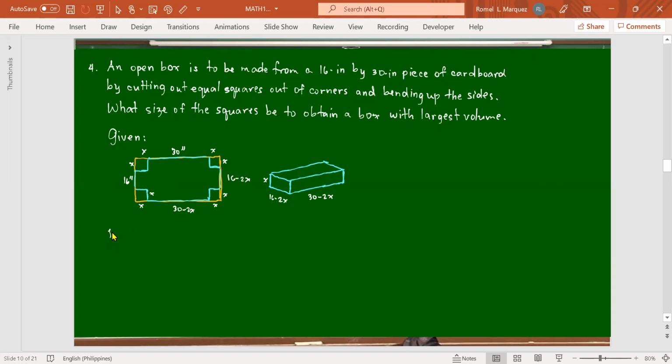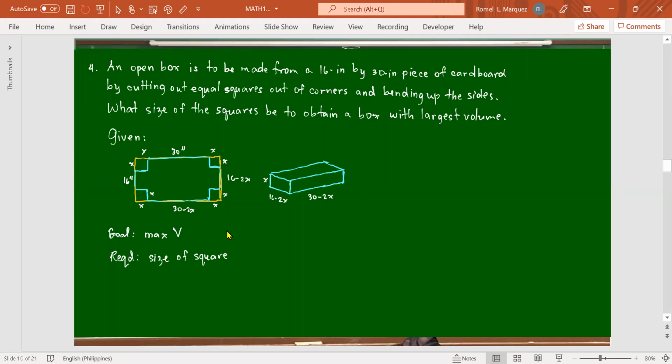What's the volume, guys? Our goal is to maximize V. It is V that we maximize. What is required is the size of the square, meaning the dimensions.